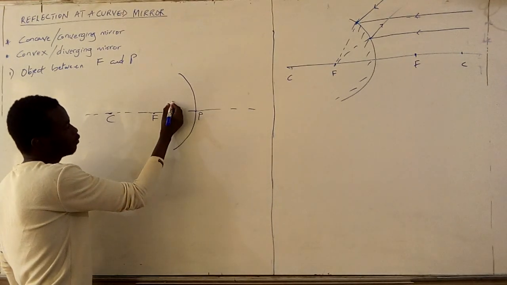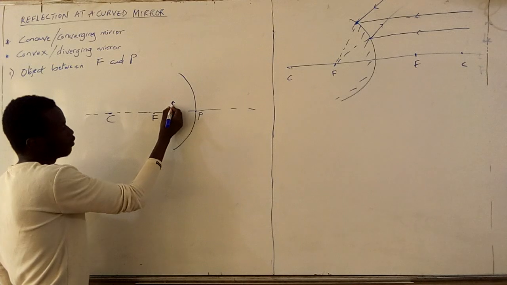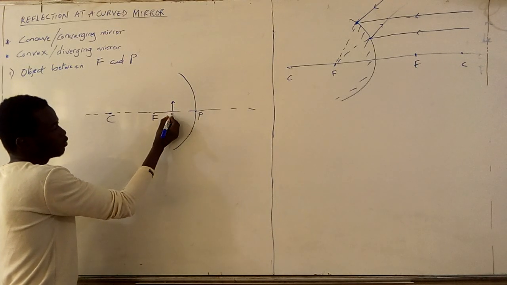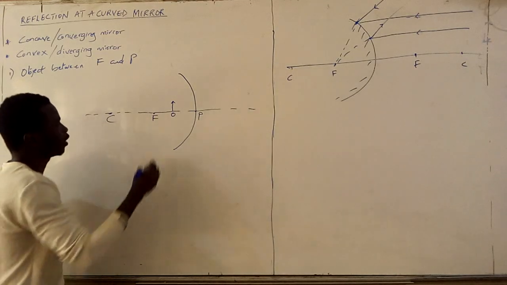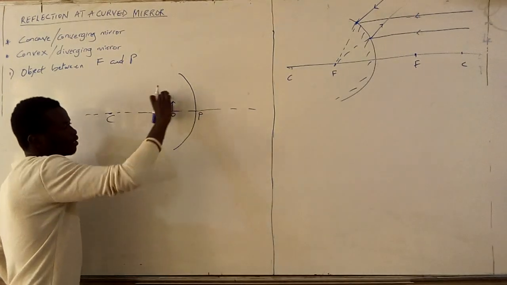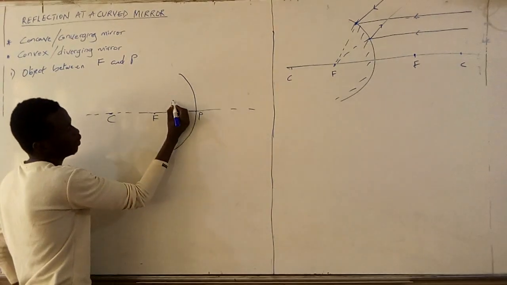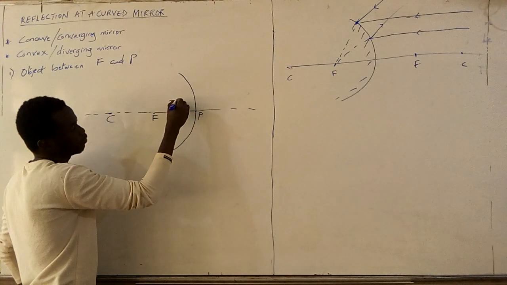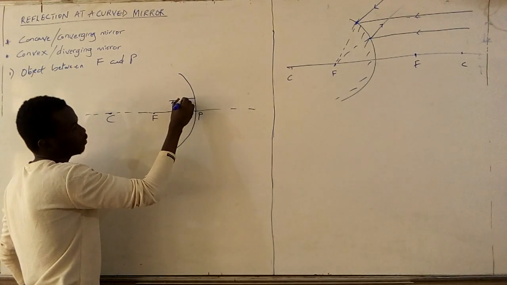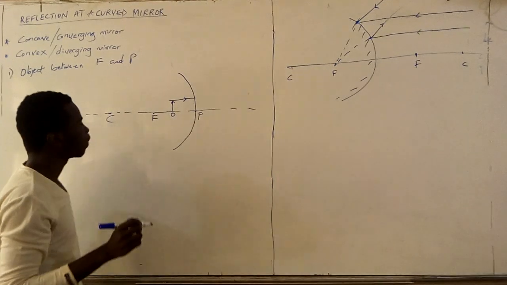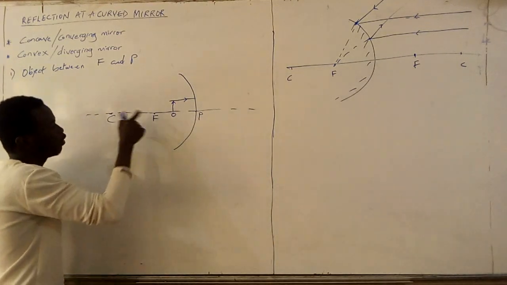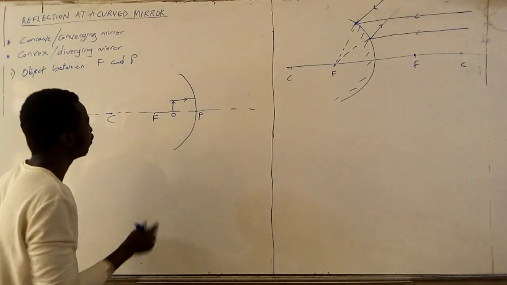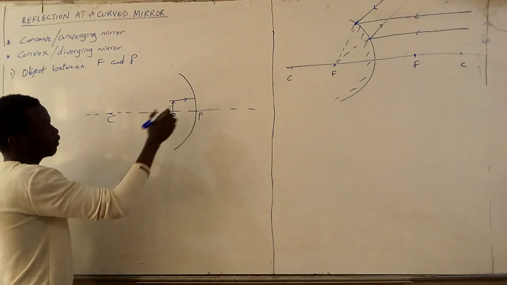If I place an object, let's say this is the object, let me call it object O. Now, from the rule, this light is going to reflect on this object in this direction. So let's say this is the ray of light in this direction. We said all rays parallel to the principal axis tend to fall on the principal focus.